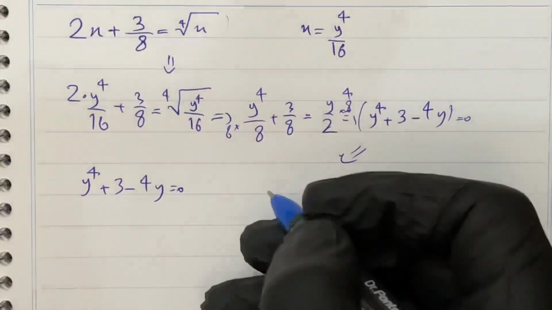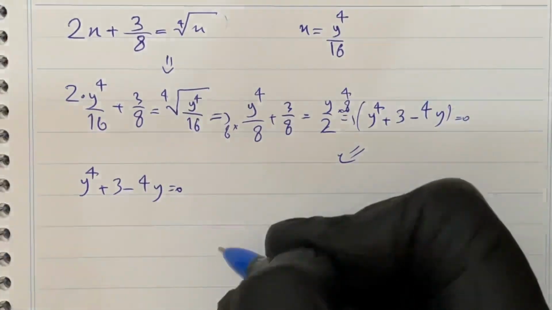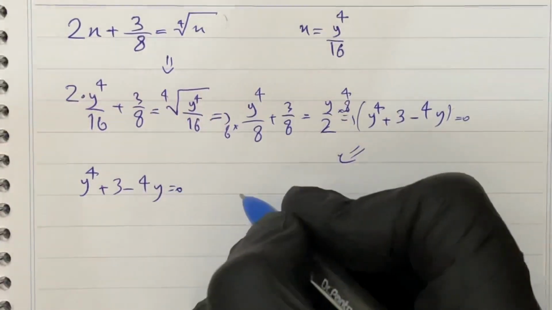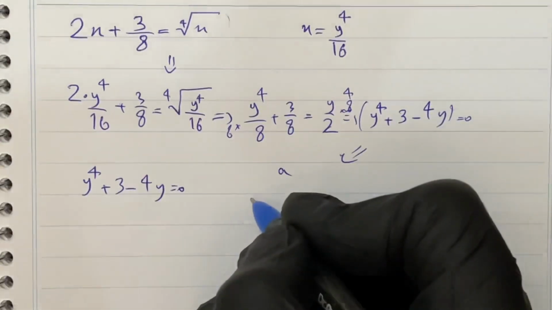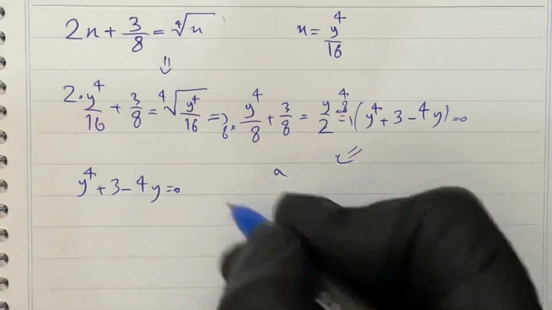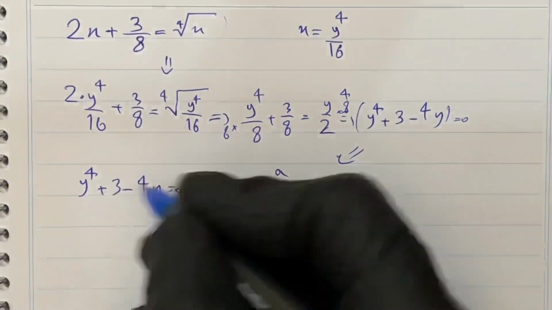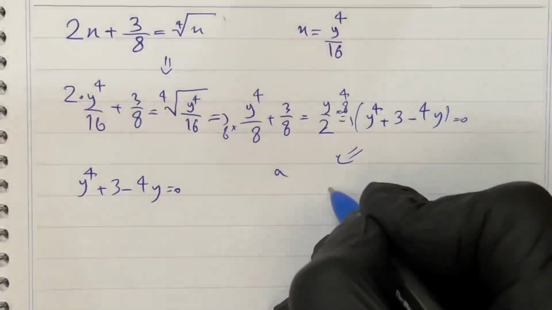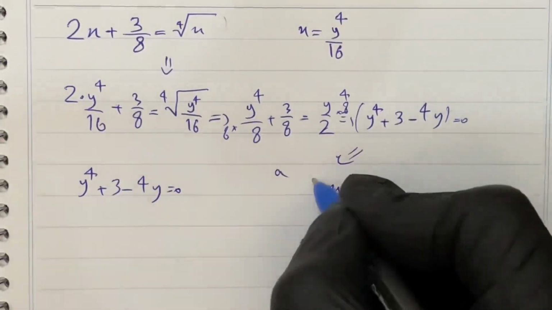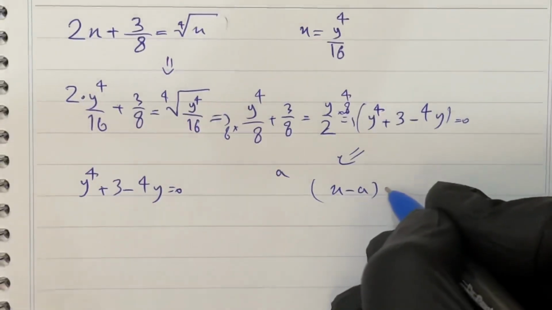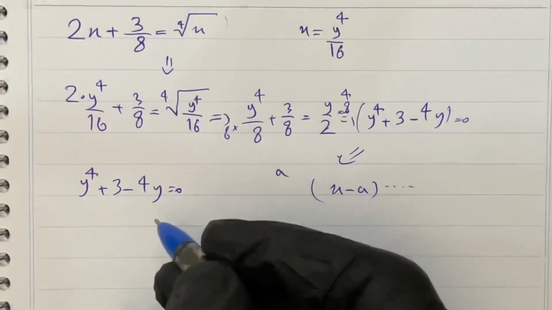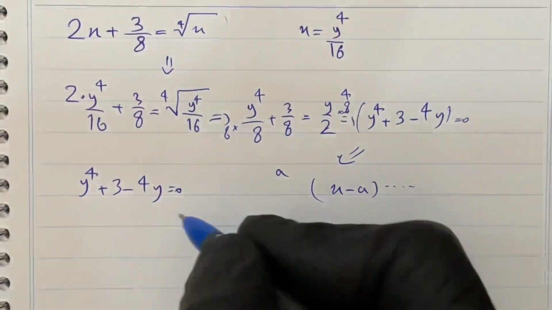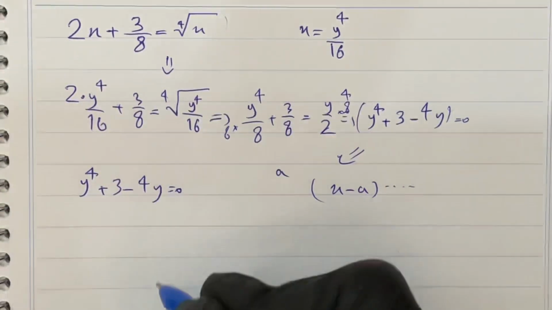That is an obvious root, and we know by Vieta's theorem that if you have a root a, you can write the whole thing in this form: x minus a times something.